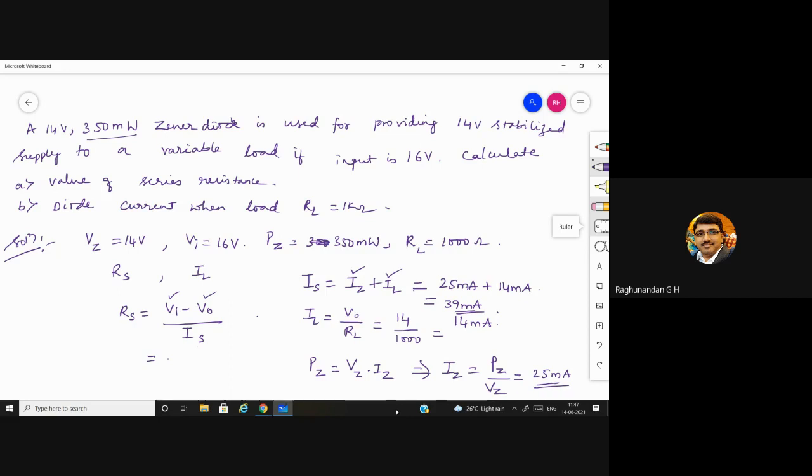So if you consider IS is equal to 39 milliamps, then if the load is removed, where should that 39 milliamps flow? Through the diode only, right? If that much high current flows through the Zener diode, it is going to damage the Zener diode.